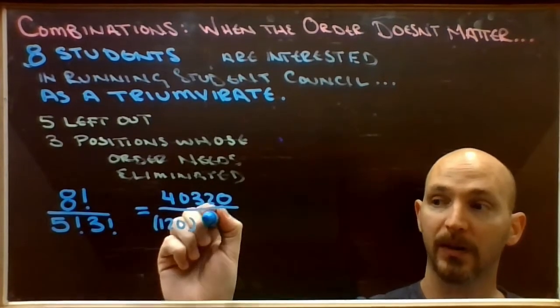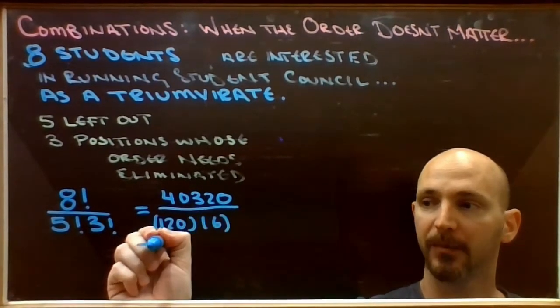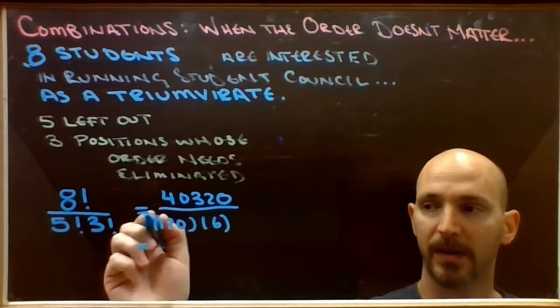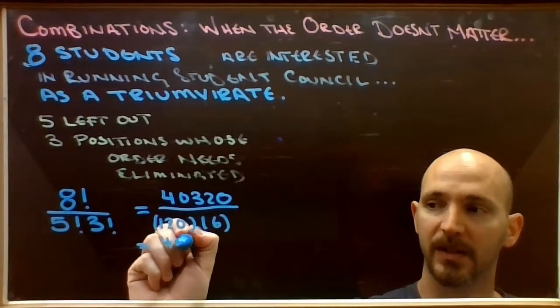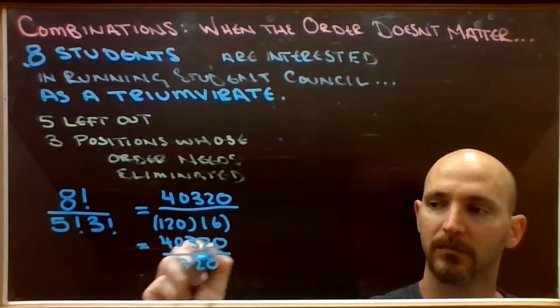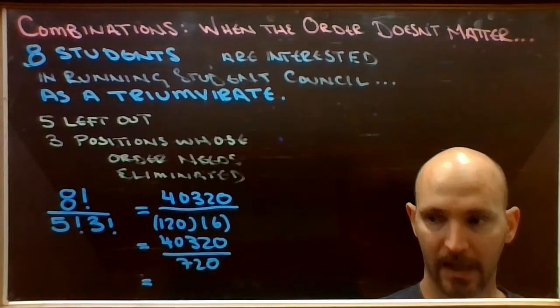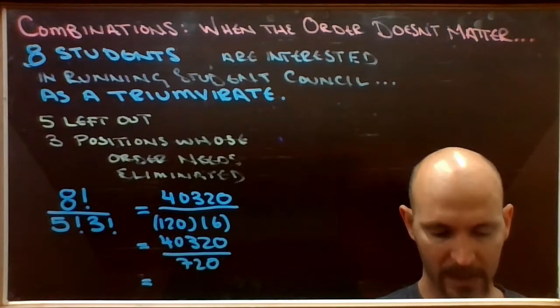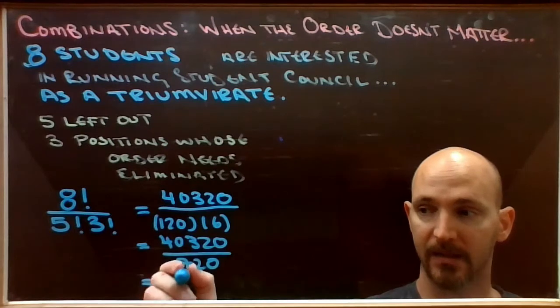And 3 factorial is 6. We've done that one a few times. 120 times 6 is 720. And 40,320 divided by 720 is 56.